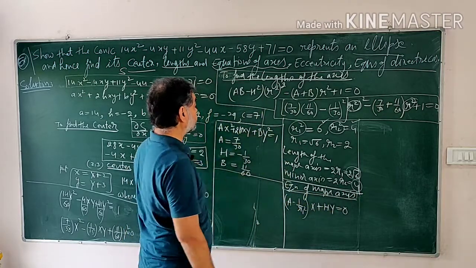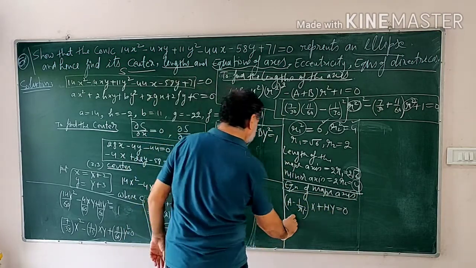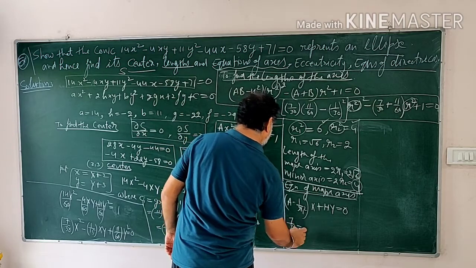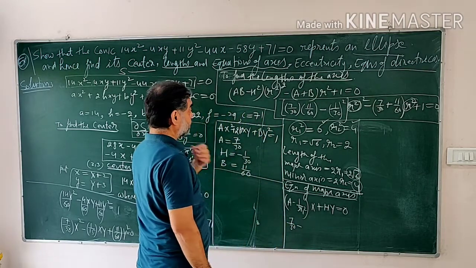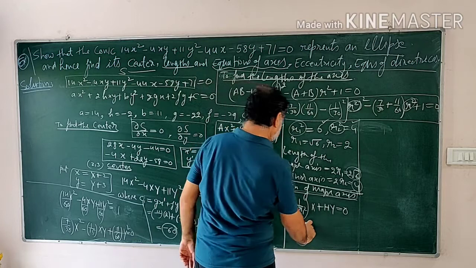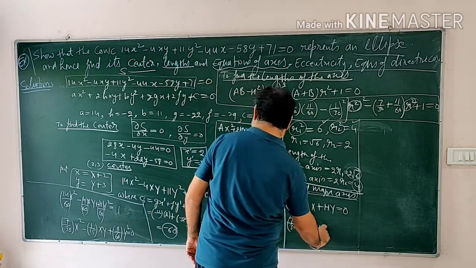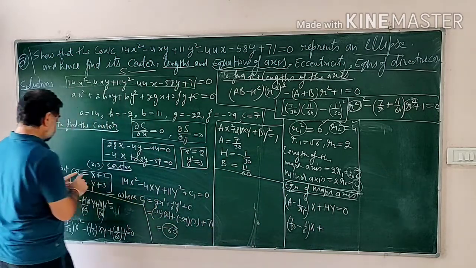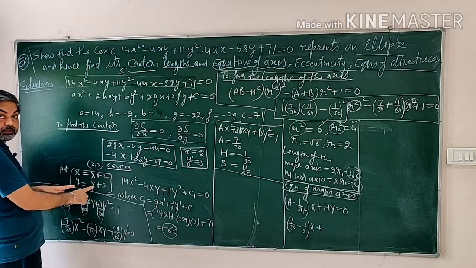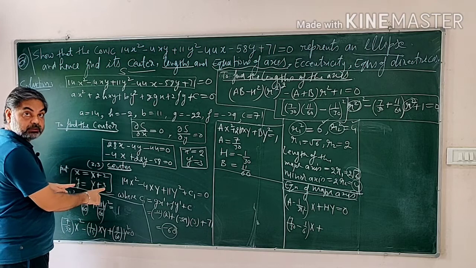So you can put the value of a as 7 by 30 minus 1 over r1 square, and 1 over r1 square is 1 by 6, times X plus h, which is minus 1 over 30, times Y is equal to 0. Here capital X is small x minus 2 and capital Y is small y minus 3.